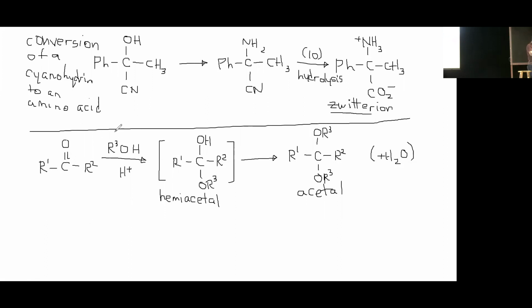Then the structure that you will get as a result, I've laid this out for you in the class notes, but I'll just say what you need to do in order to get the right structure: you change C double bond O to C single bond O, and then you put on whatever the alkyl group is on the alcohol. If this is methanol, then you make it OCH3. If it's ethanol, OCH2CH3, just whatever the group is in the alcohol. And then you'll need a fourth bond to carbon, so you just put another of that same alkoxy group on.